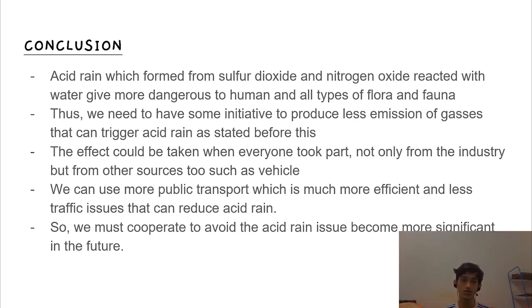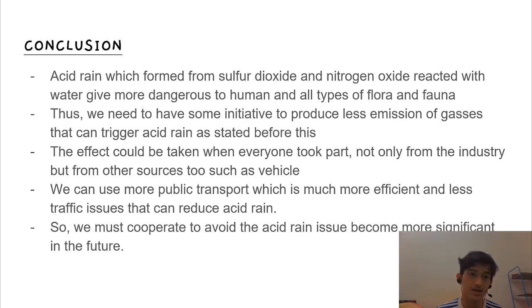To conclude, acid rain, which is formed from sulfur dioxide and nitrogen oxide reacting with water, is dangerous to humans and all types of flora and fauna. We need to take some initiative to produce less emission of gases that can trigger acid rain, as we stated before.